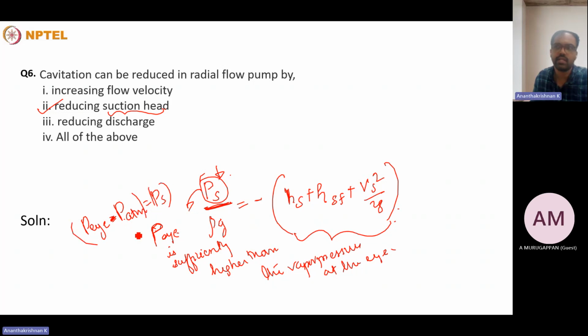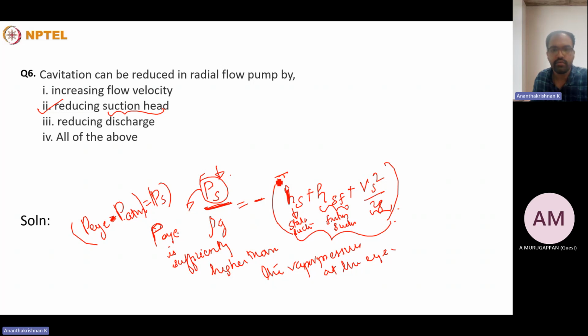It's the gauge pressure at the inlet. So that particular quantity is equal to minus of Hs plus Hff plus V square divided by 2g. This is the static part of the suction head, this is the friction part of the suction head, and this is the dynamic velocity part of the suction head.